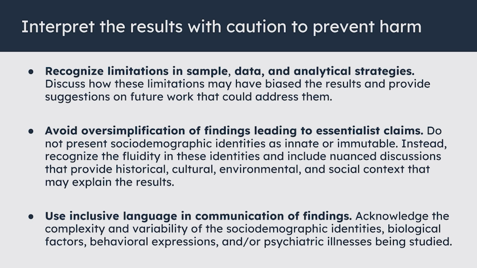A lot of these sociodemographic identities that we capture are not necessarily immutable or innate, but rather there's a lot of fluidity within them. So by recognizing how things may change over time and framing them in the context in which they exist, across historical, cultural, environmental, and social contexts, we can provide more nuance in our findings.